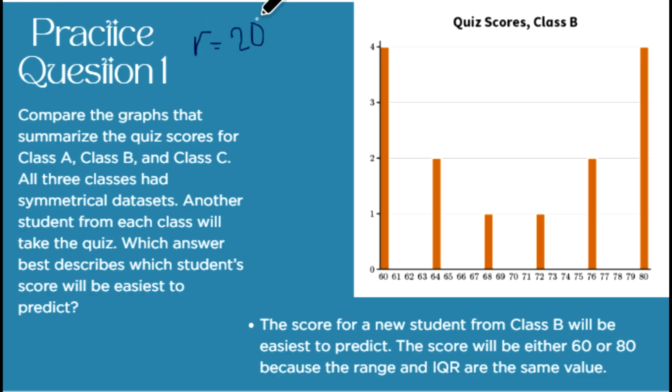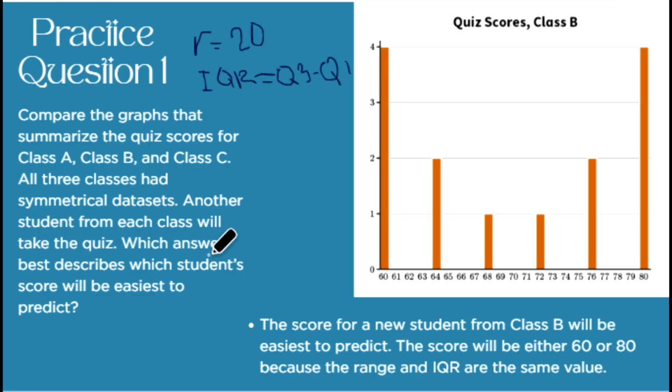Now let's figure out IQR. You should have the formula for IQR in your notes. If you don't have it in your notes, you need this. So IQR is equal to Q3 minus Q1. The way I figure out Q3 minus Q1 is I would do a 5-number summary.